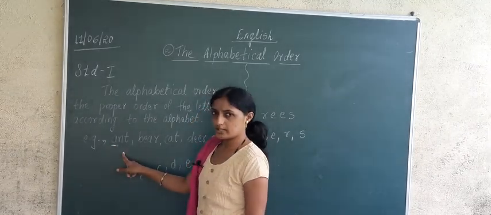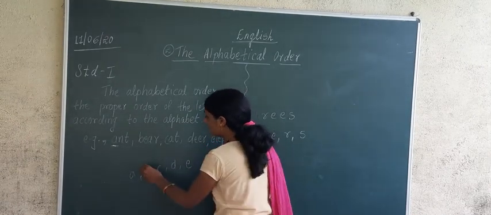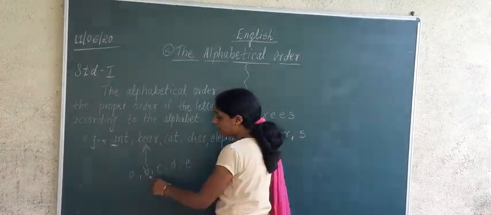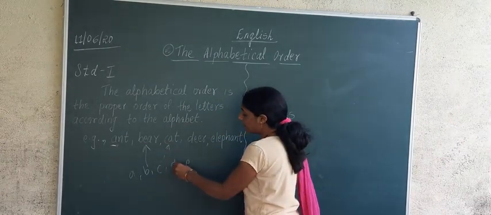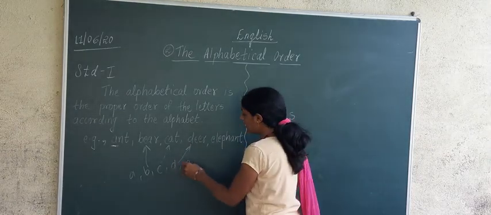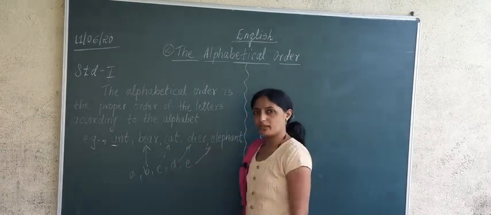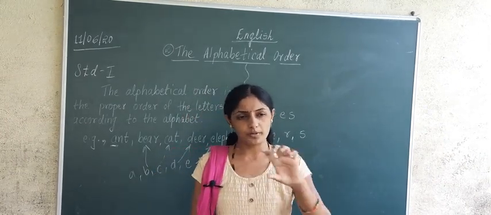So ant is first. Then after A, which is there? B is there. So bear. After B, what is there? C. So cat. Right? After C, D is there. So deer. After D, E is there. So what is there? Elephant. So in this way, letters are in proper order.